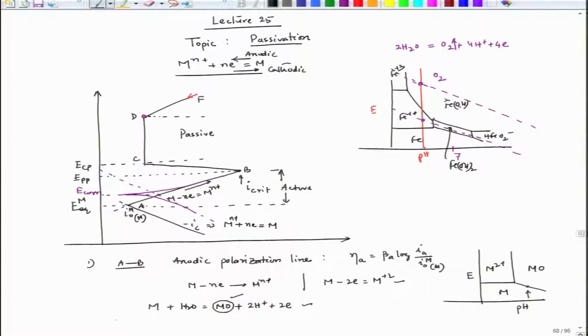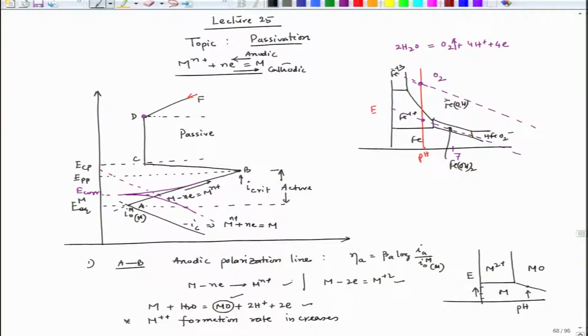So, we have two cases. First, the metal ion formation rate increases, because as we go along the potential axis towards the positive direction, I have to increase the amount of metal ion formation, because those potentials are decided by the metal ion concentration in equilibrium with the metal.